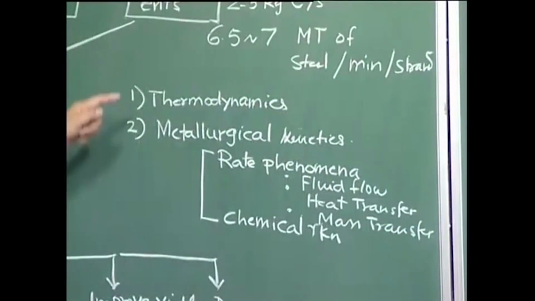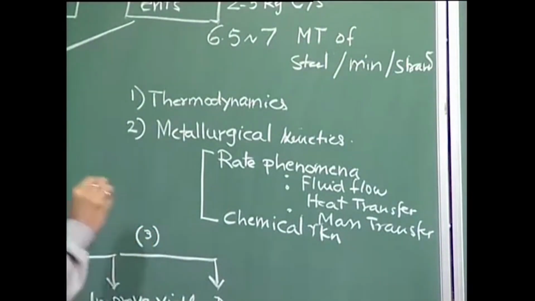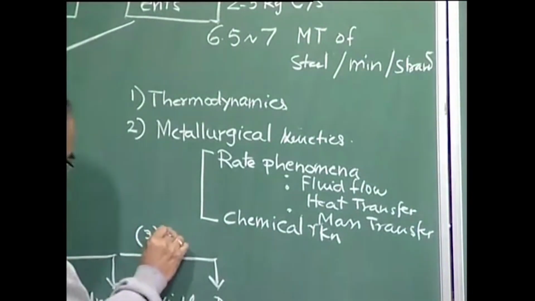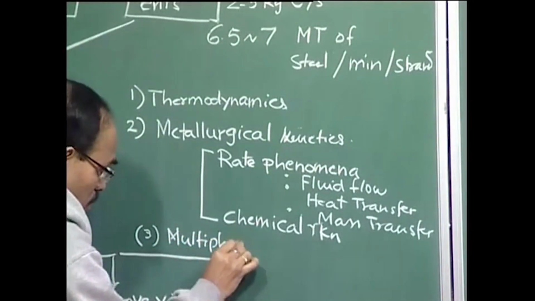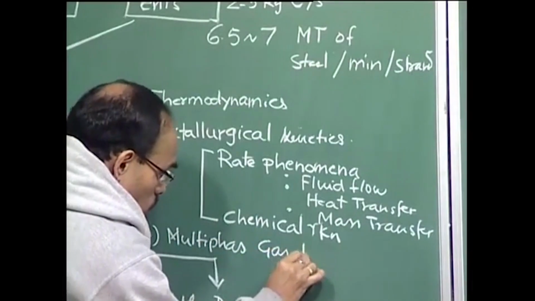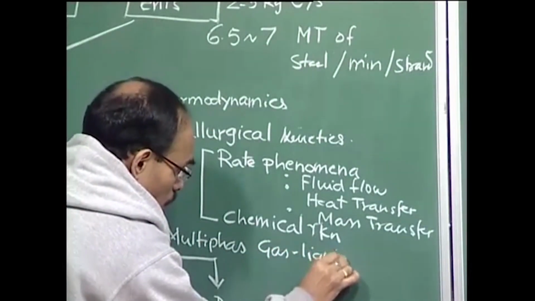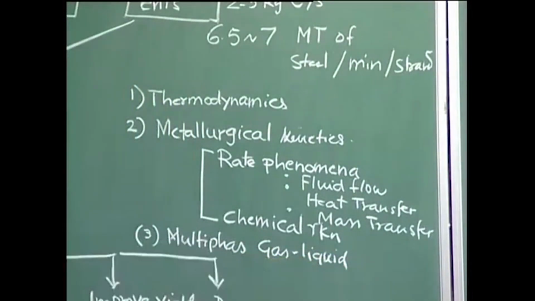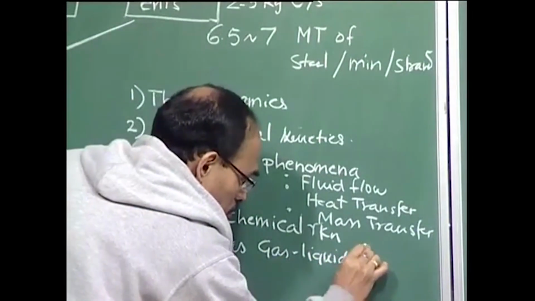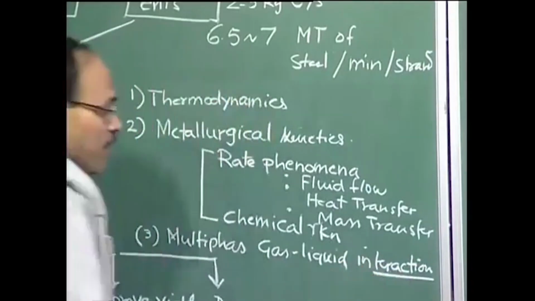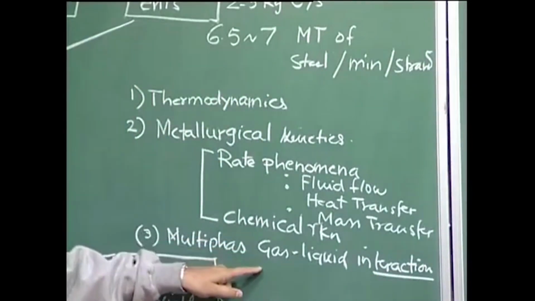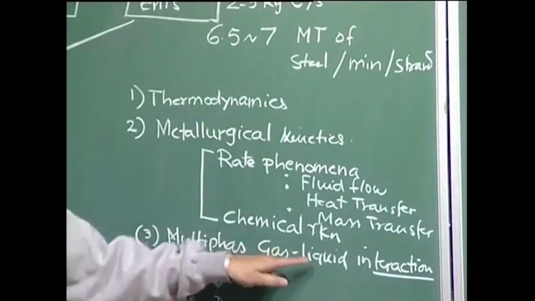So, you see the science based foundation of steel making is extremely vast, and on top of that I can say that multiphase or gas liquid interaction. Basically I am talking of gas metal interaction, because these interactions, as in the case of a basic oxygen furnace, these are reacting interactions.